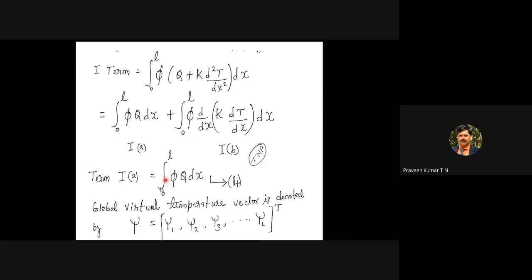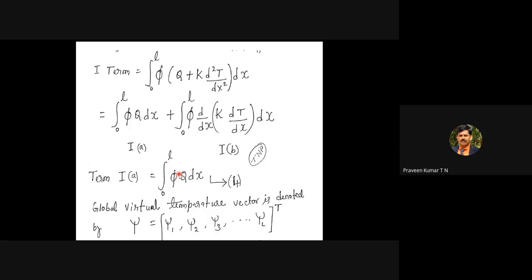If you consider 1a, we have integral 0 to L of phi q into dx, where q refers to heat generation per unit volume. For the total volume, it is given by A into dx. That's why there is the term dx. Phi is the temperature function, the temperature at any point.